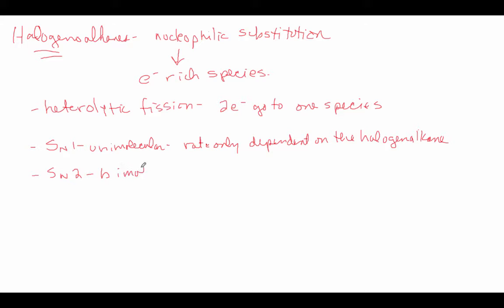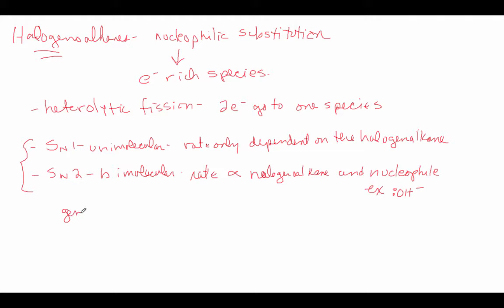Sn2 is bimolecular, where the rate is dependent both on the halogenoalkane and the nucleophile, for example, something like hydroxide. Remember, you do need to know the mechanisms for these two, and we'll do those in just a moment.